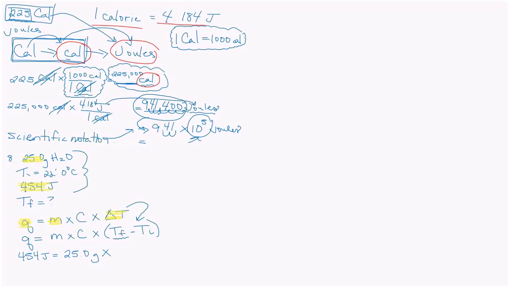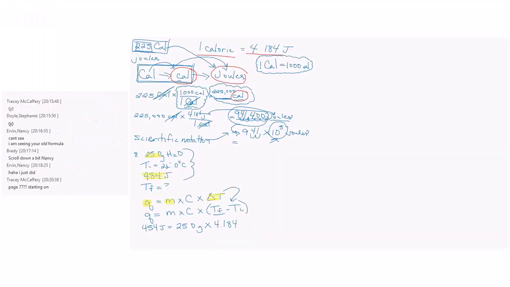Also, if you look up water in the back of your textbook under specific heat capacity, it will be there as well. But that's something that you would have to look up. Oftentimes, because we use it so much, eventually you probably will memorize it too.